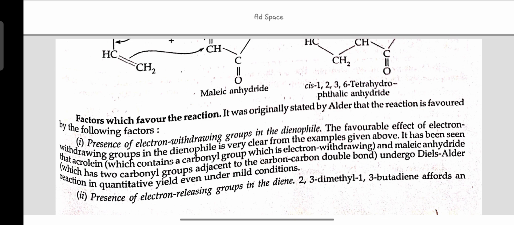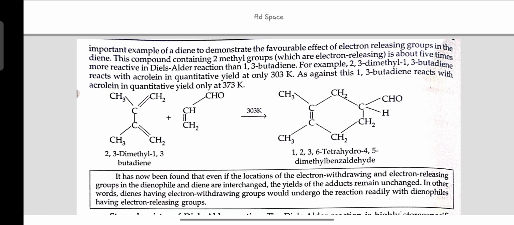Second, presence of electron releasing group in the diene. 2,3-dimethyl-1,3-butadiene affords an important example of a diene to demonstrate the favorable effect of electron releasing group in the diene.